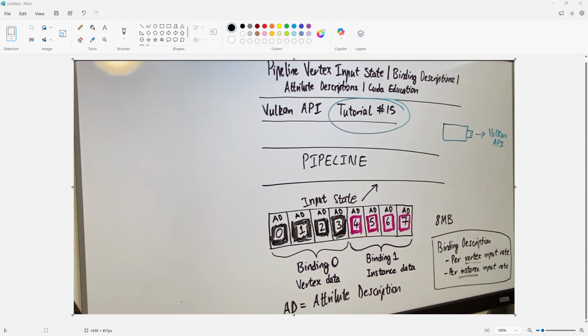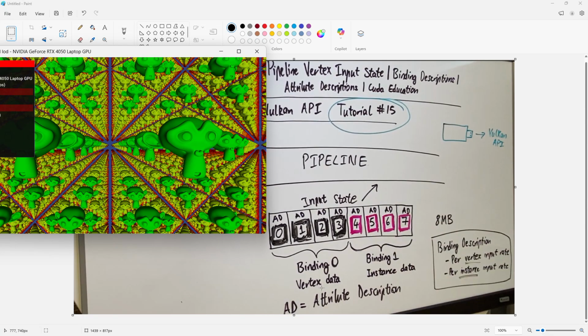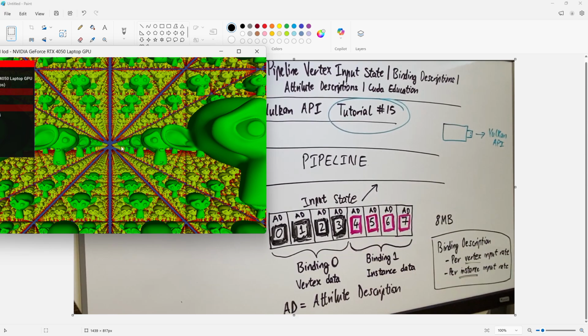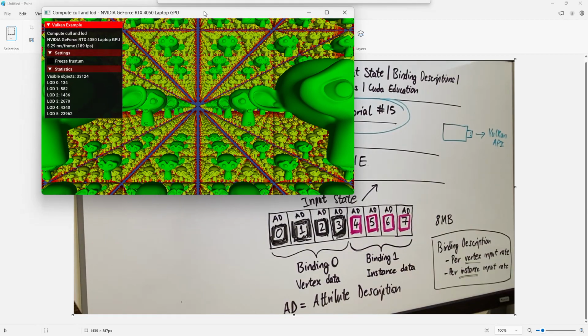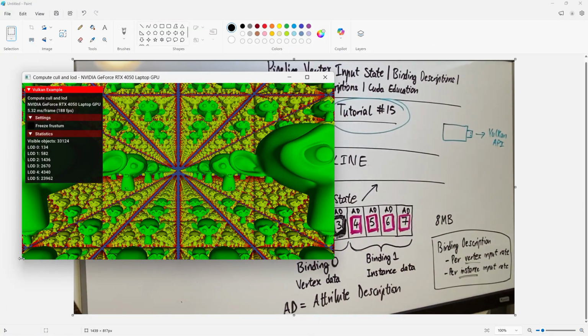Okay, so let us run the application again, and we'll sort of cross-reference in a rough way what is what. So binding 0, vertex data, it's going to be the mesh that makes up this object, right? I'll just collapse this a little bit more.